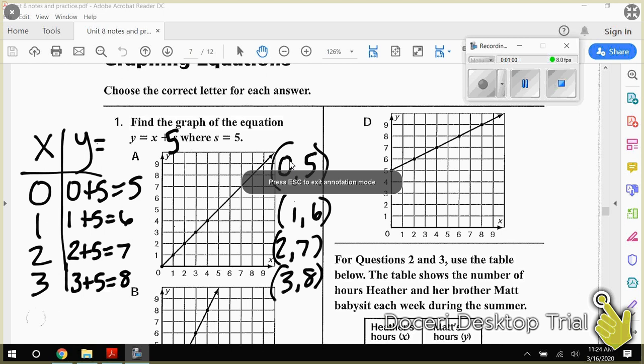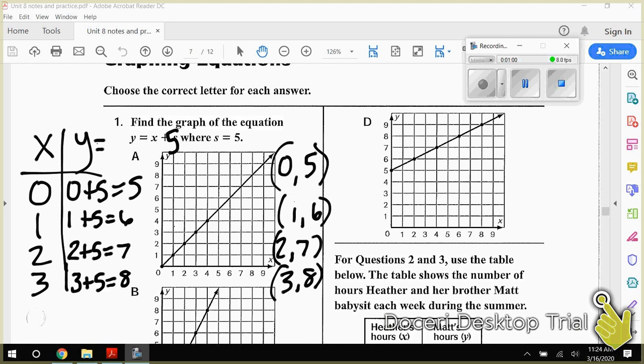Because it says I should have a point at 0, 5. It's right here, so I should have a point right here. And the next one should be 1, 6, then 2, 7, 3, 8, right where my arrow's going. But I don't have a line there, so it's not choice A.